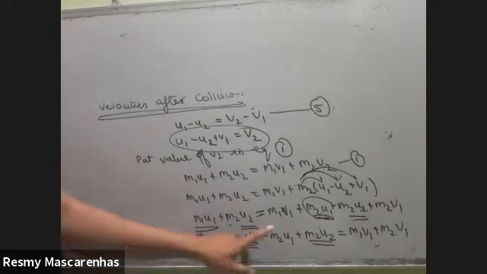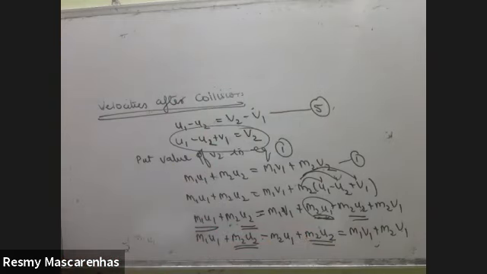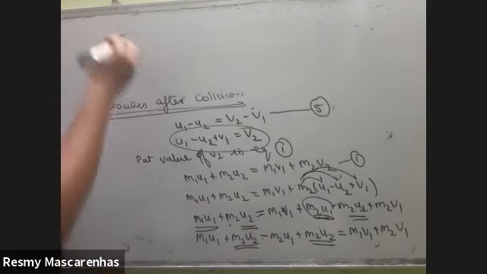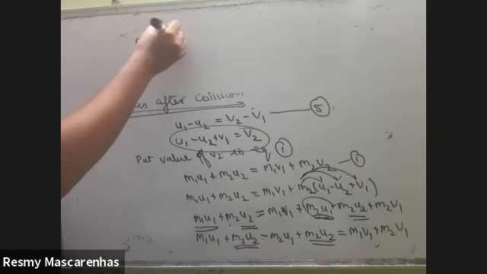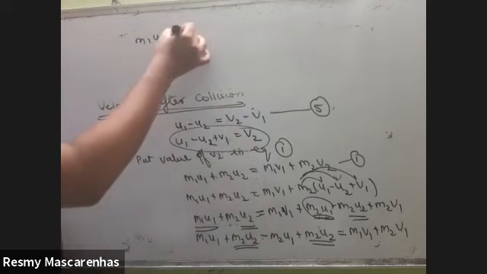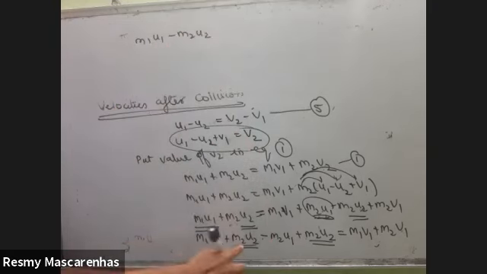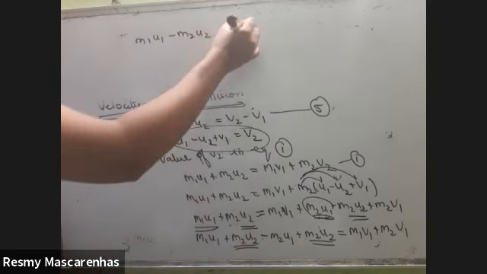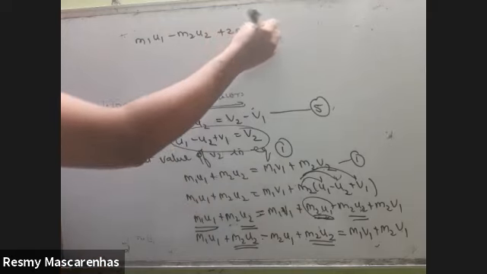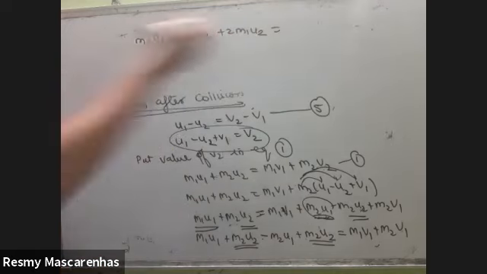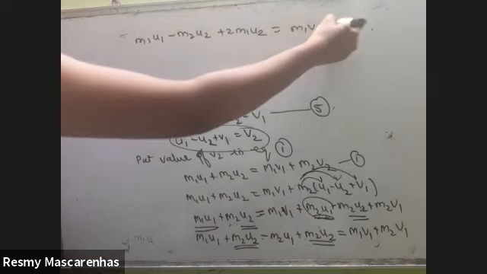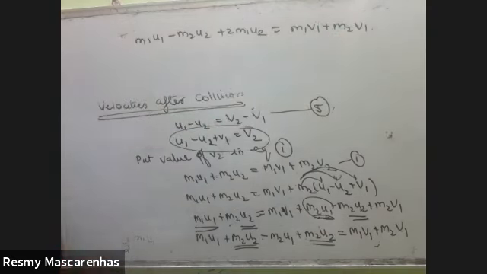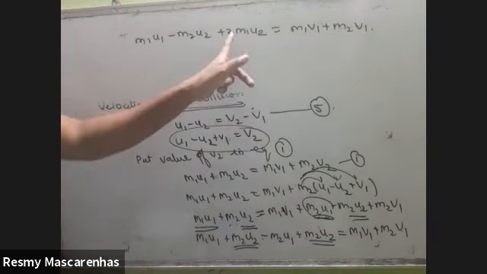So it's like x plus x will give me 2x. If I add this, this will give me 2 times m1 u1. This term I will write minus m2 u2, and this plus this will give me 2 times m1 u2. This I'm keeping like this only. These two terms are same term, so that's why I added.